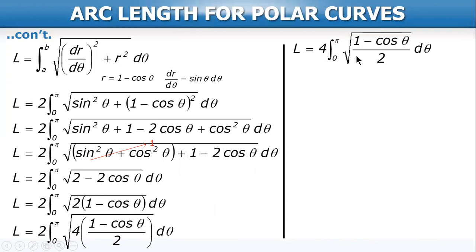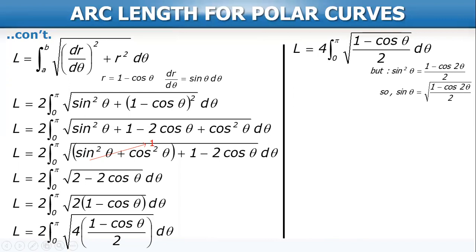What's the identity of this? Let's recall. We have been using these identities in techniques of integration. Sine squared theta is 1 minus cosine 2 theta over 2. So if we get the square root of both sides, we have this one. Now, this one is similar to this one, except this is 2 theta and this is theta. So the modification is this.